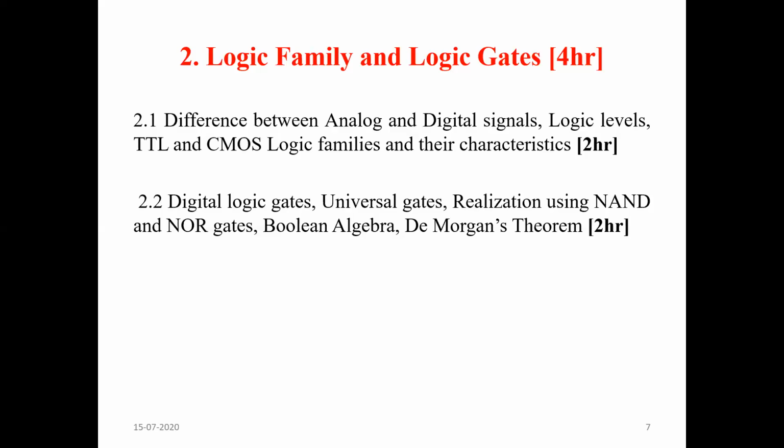There are two universal gates, NAND and NOR. Using those two logic gates, I can implement any function. Suppose I don't have AND, OR, NOR, XOR, forget it. If I have NAND and NOR, it is an IC. Using this NAND and NOR, I can realize any function that is given to me. So these are universal gates.